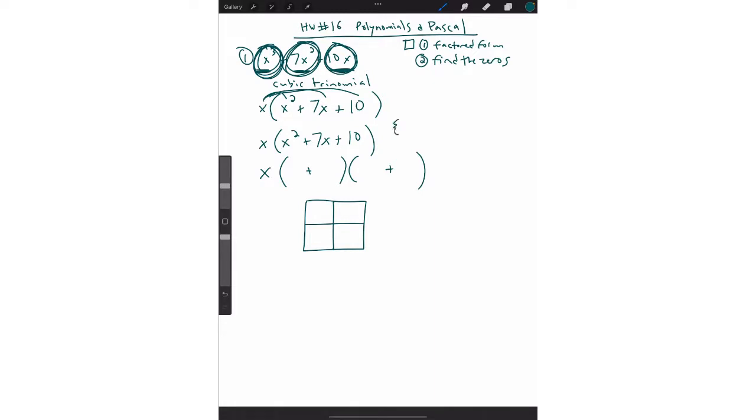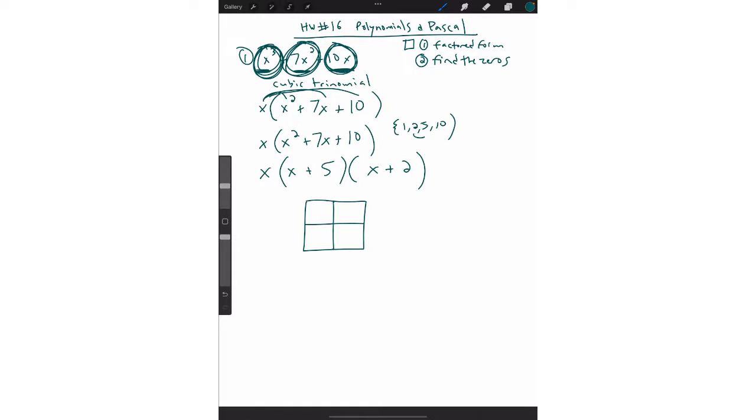The factors of 10 are 1, 2, 5, and 10. Which two add up to 7, the middle term? We've determined that 5 and 2 add up to 7 and multiply together to give you 10.